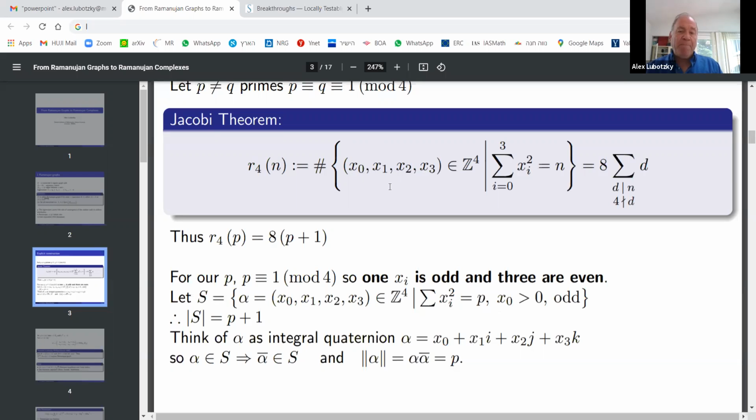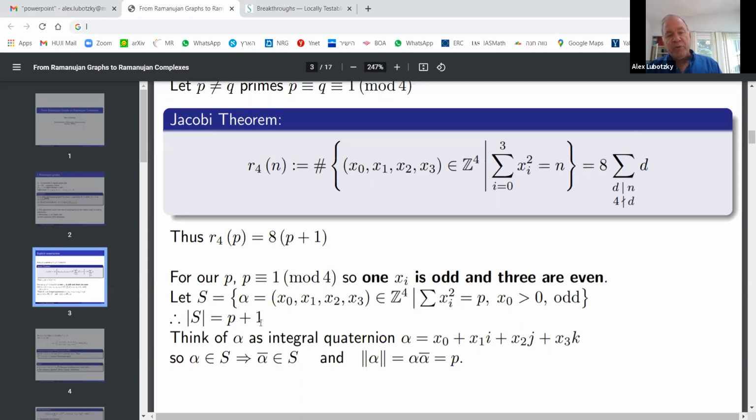When we counted in Jacobi's theorem, there is also multiplicity: you count plus and minuses, etc. Now, x0 we want to be positive and odd. x1, x2, and x3 must be even and can be either positive, negative, or 0. Then if you think about it for a second, this normalization kills the factor 8, and we get that the size of S is exactly p plus 1.